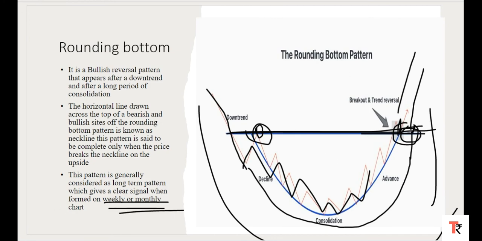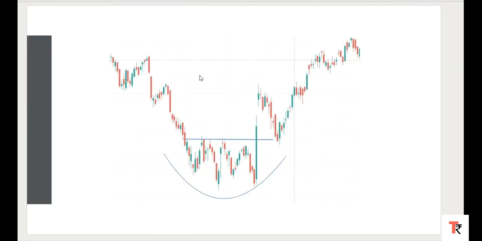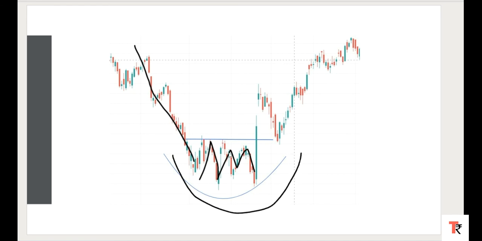Let's understand in the charts how a rounding bottom would reflect. After the price declined, you can find a lot of consolidation happening here, in the form of a U, and once the price breaks this level, there is a pullback.